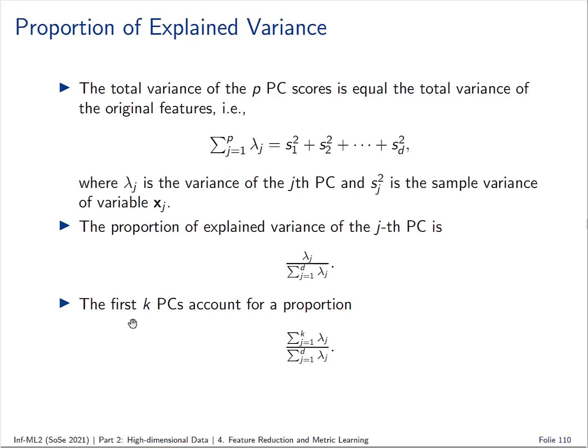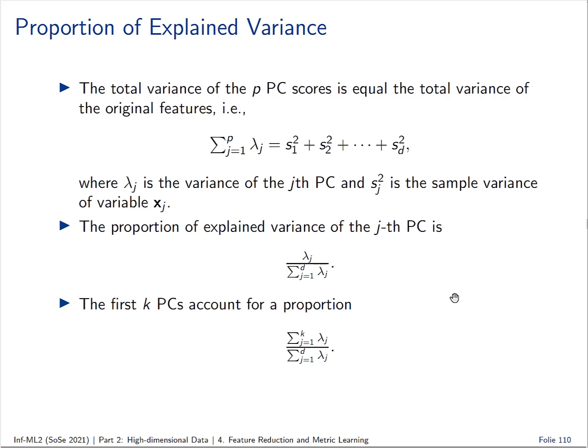So the first k principal components account for a particular proportion, which can be computed by the sum of the corresponding k eigenvalues divided by the total sum.